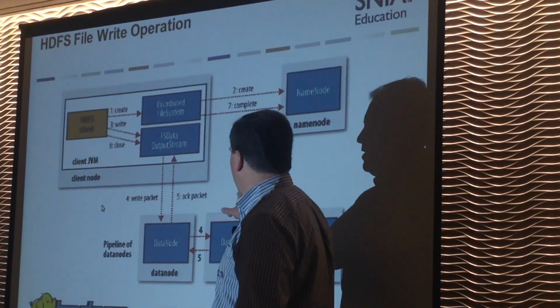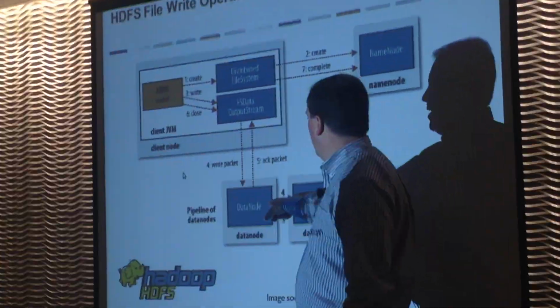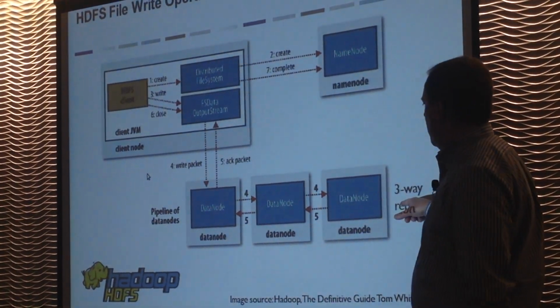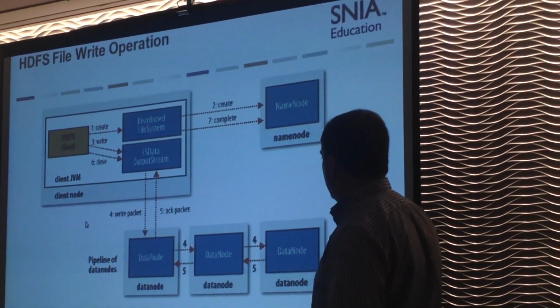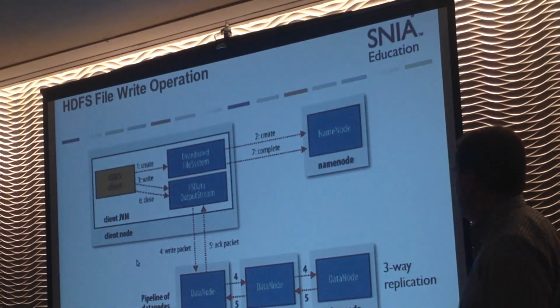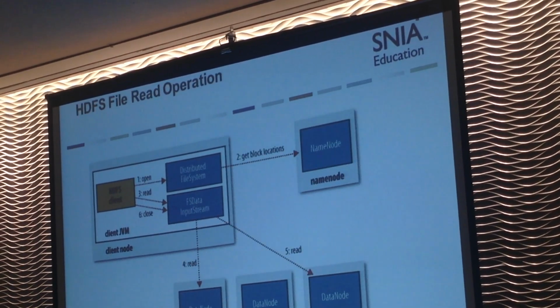And one interesting thing is that the writing in Hadoop is actually pipelined, so this data node is going to drive the 2 replicas sequentially. So it's not simultaneously writing to all 3 copies, but that's basically how a write operation happens.